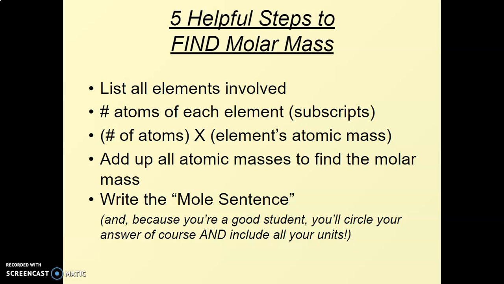Then add up all those atomic masses to find the total molar mass of the molecule, and then write your mole sentence. And always, again, remember to include your units in that mole sentence when you write it. If you follow these 5 steps, you won't forget anything required, and you'll be able to do it right every time.